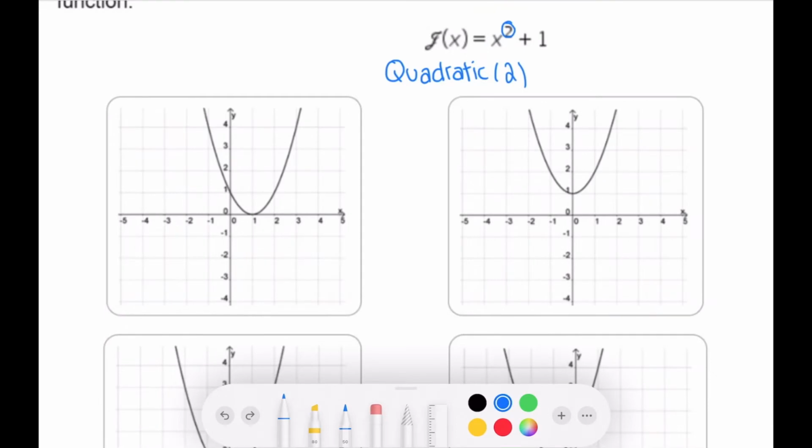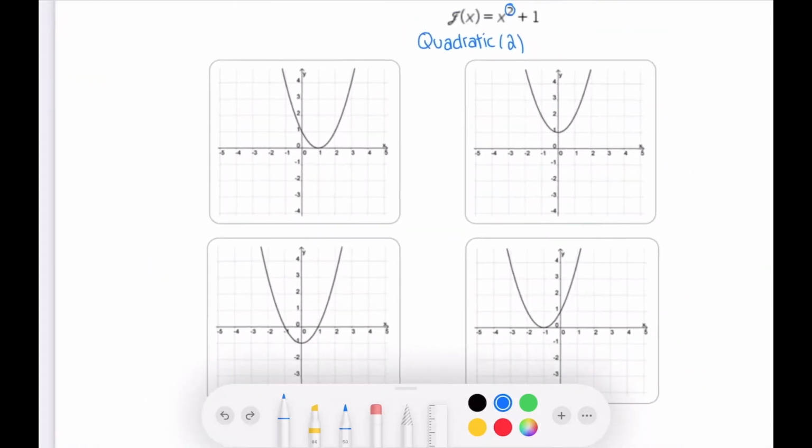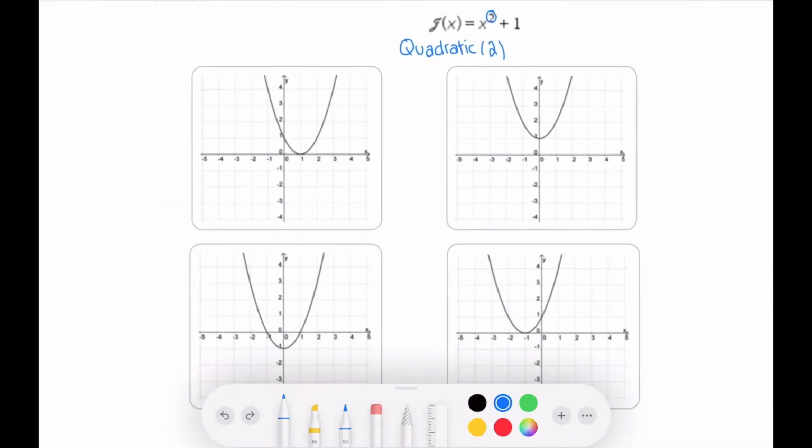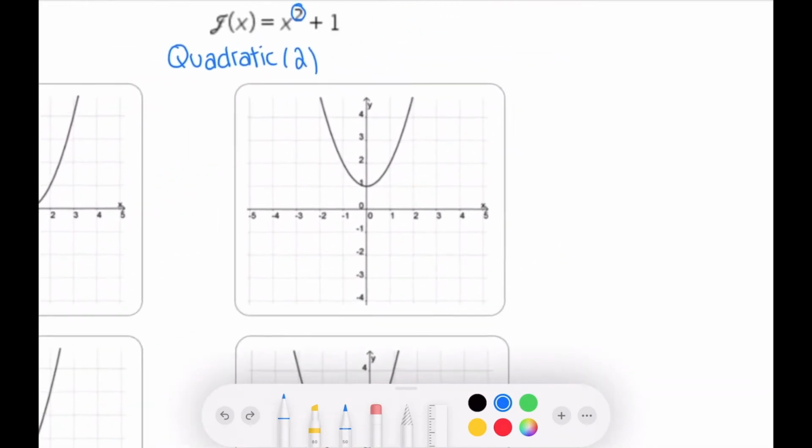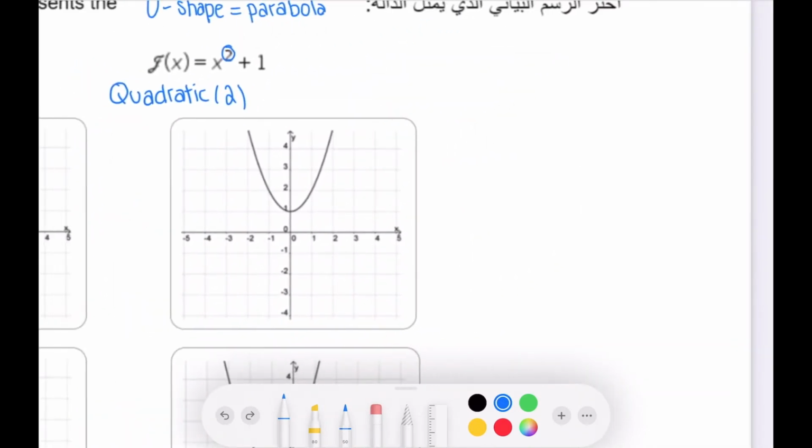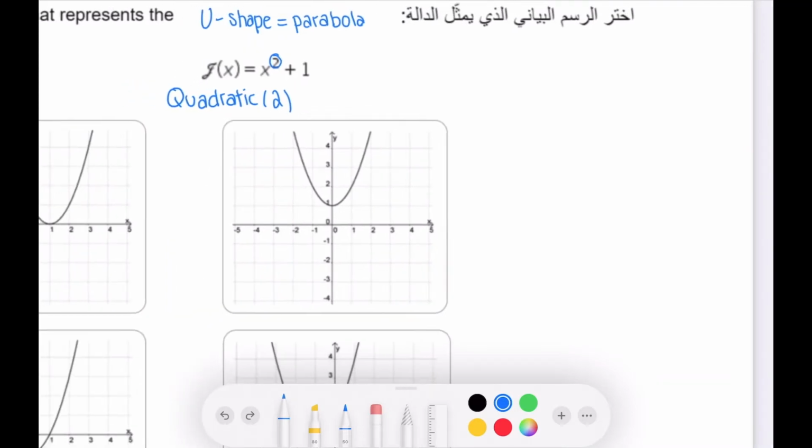So in order to see which of these graphs is the function f of x equals x squared plus 1, we will use something known as the vertex form, which is, let's change the color, f of x equals a into x minus h squared plus k.